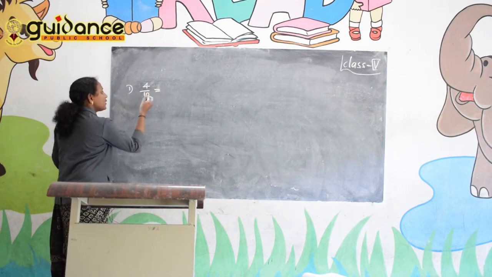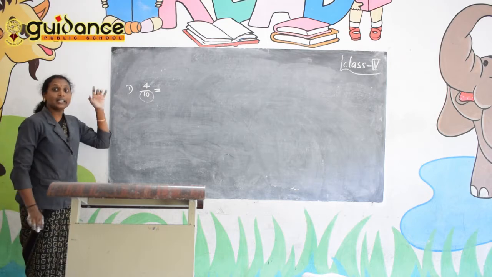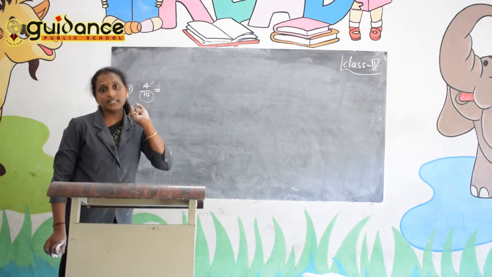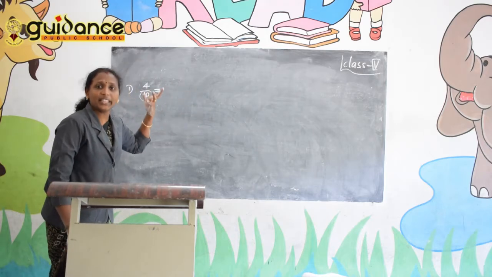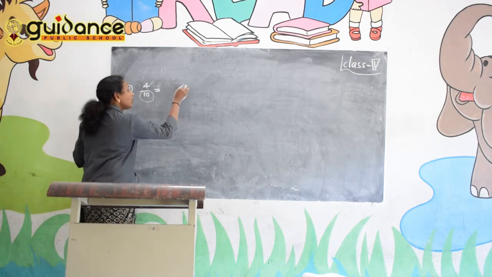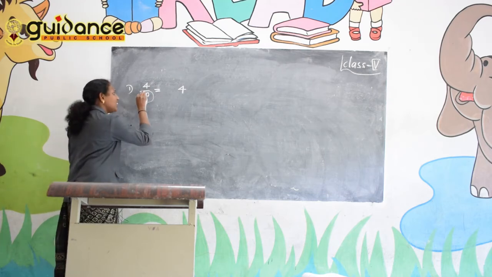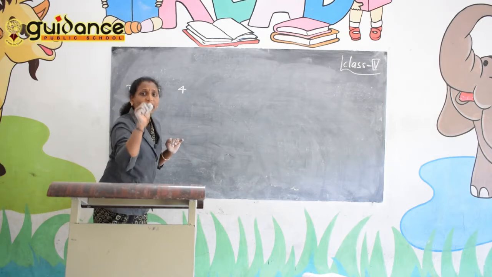That means, first we have to look at the denominator. The denominator is 10. 10 has only 1 zero. That means to write the decimal number, first we have to write the numerator 4. Then we check the denominator 10. It has only 1 zero.